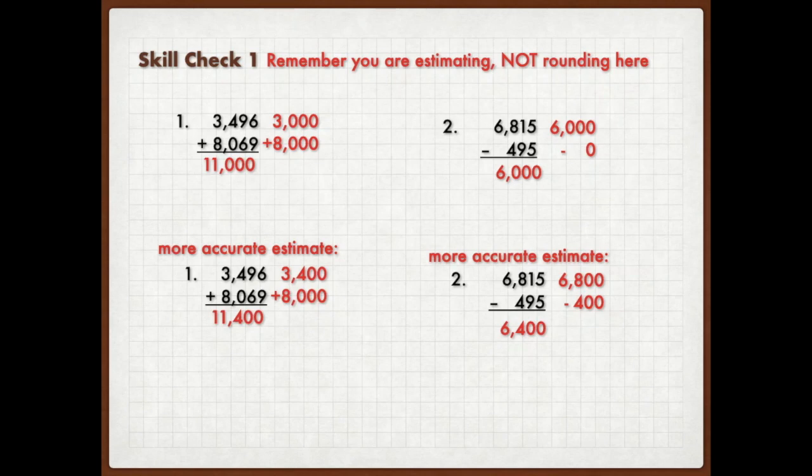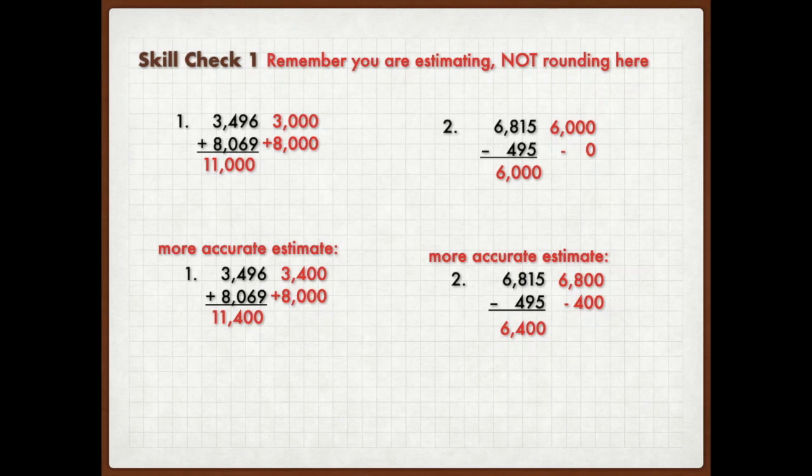And then number 2, I'm dealing with 6 plus 0 because I'm focusing on that column, and that gives me 6,000. But when I want a more accurate estimation, I'm going to look at the first 2, the 3 and 4, and then the 8 and 0. Then I add that up together, and that gets 11,400.